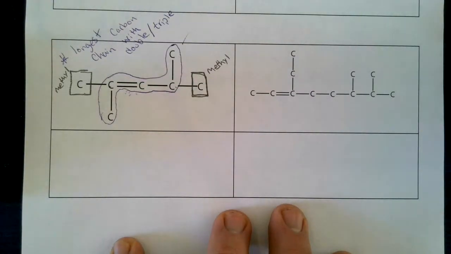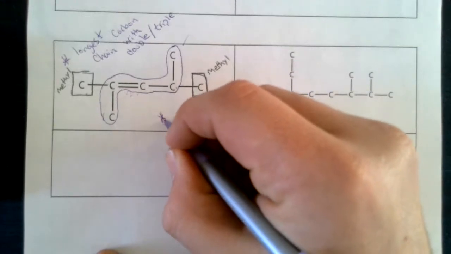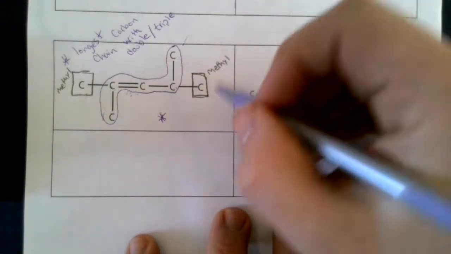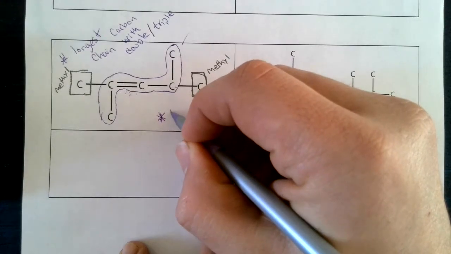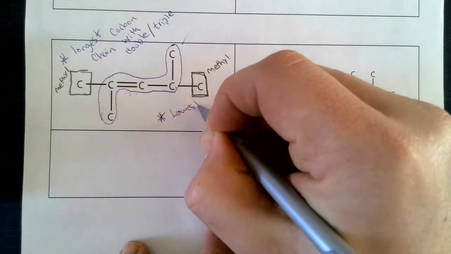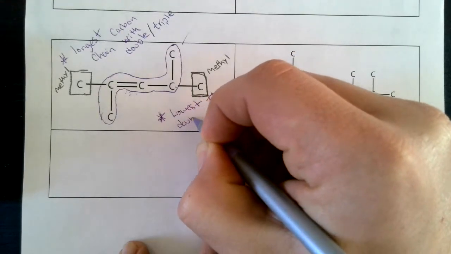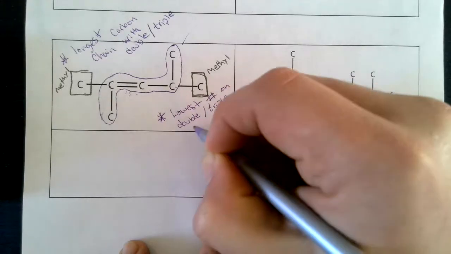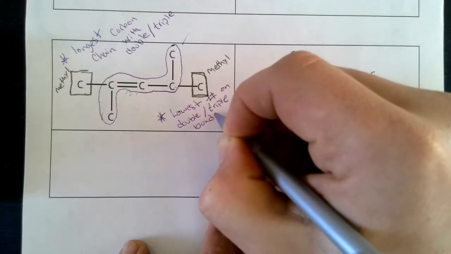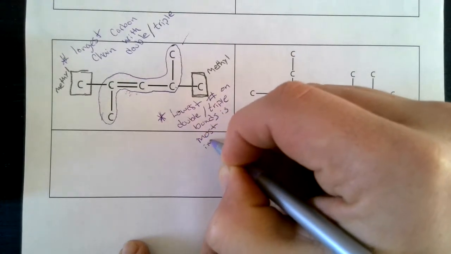So which way am I supposed to number it? Well, this is the second part about the double and triple bond, is that the lowest numbering on double or triple bonds is most important.